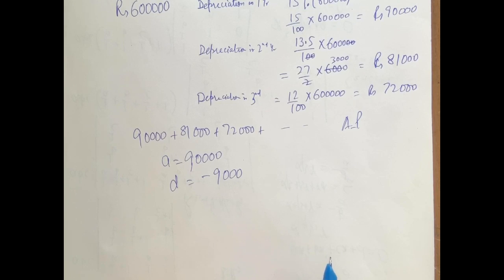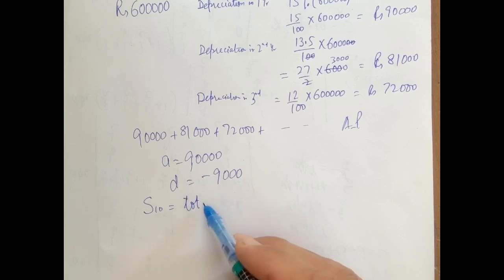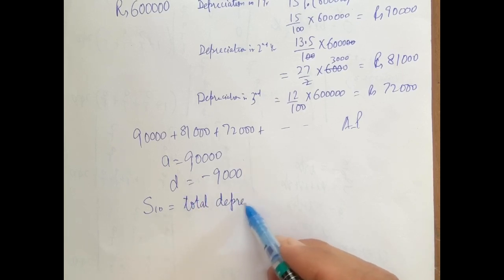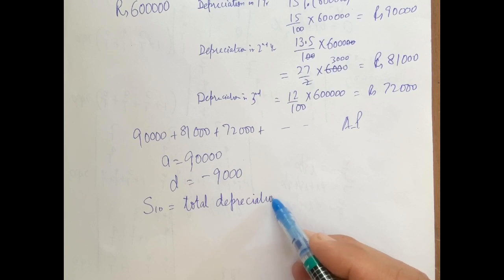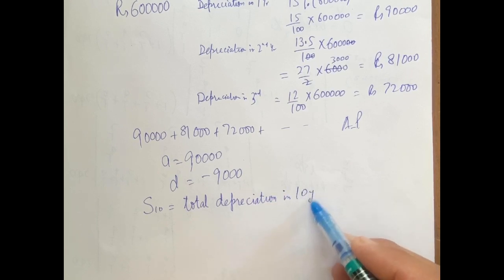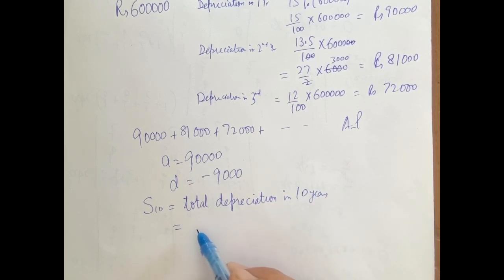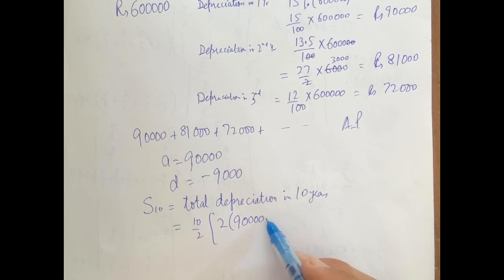So let us find out the sum of 10 terms of this. That will be the total depreciation in 10 years. That is 10 by 2 into (2a plus 9 into d), that is 2 into 90,000 minus 9 into 9,000.